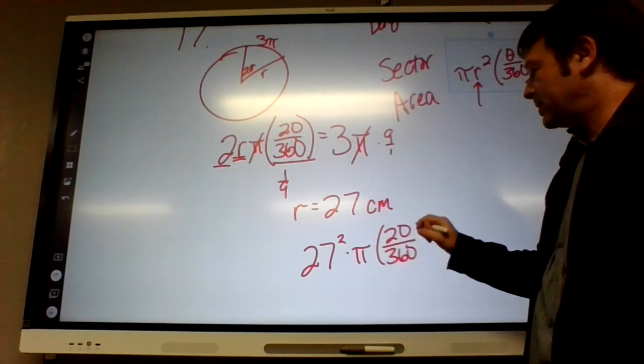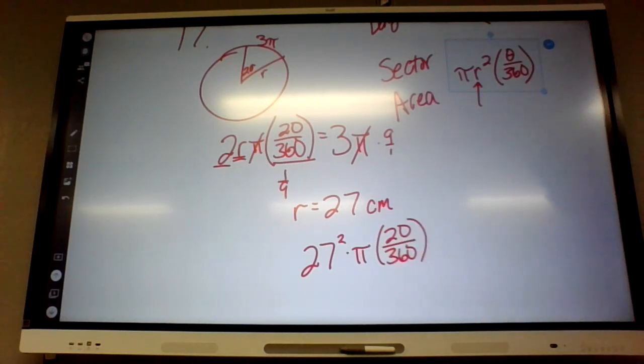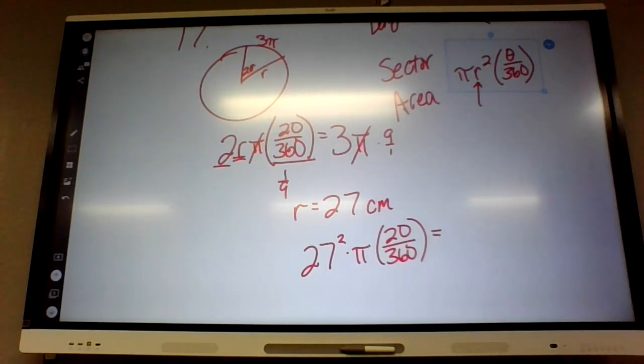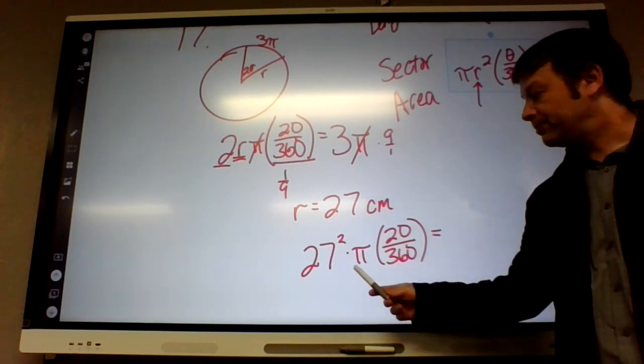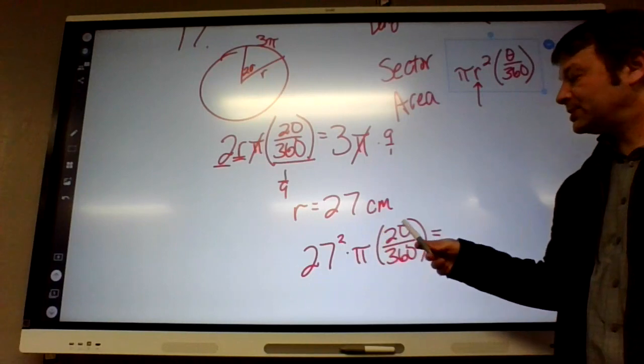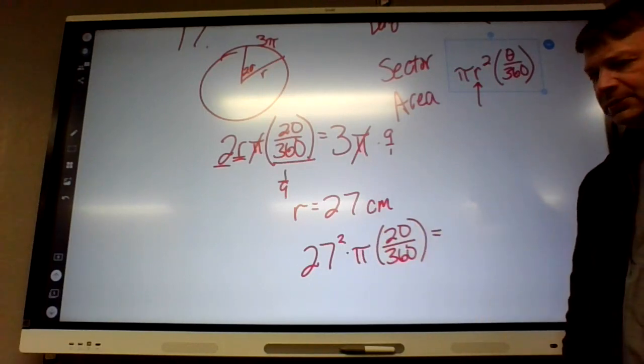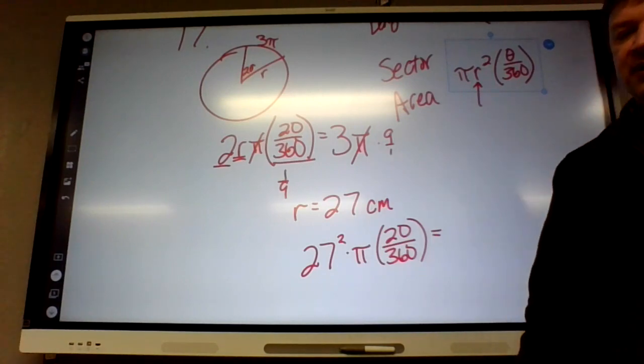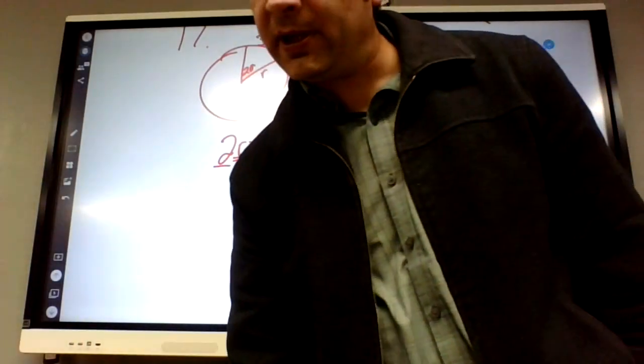If I was doing it, I would not plug pi in, I would just put pi in the answer. So I just do 27 squared times 20 over 360, which I think is like 81 over 2.